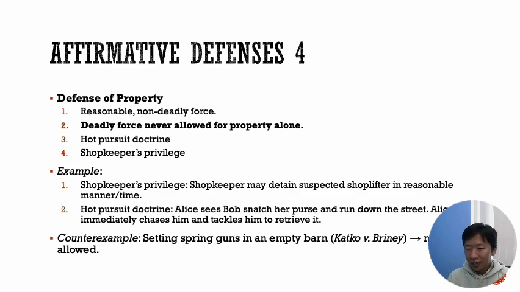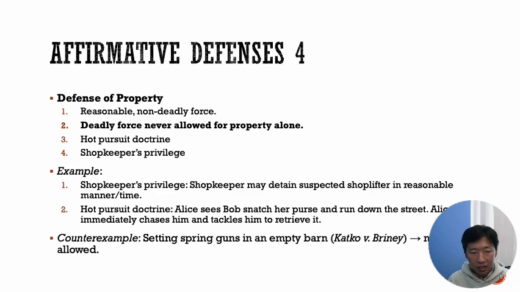Let's have some examples to nail them down. The first one, shopkeeper's privilege. The shopkeeper may detain suspected shoplifters in a reasonable manner and for a reasonable time. And hot pursuit doctrine: Alice sees Bob snatch her purse and run down the street.